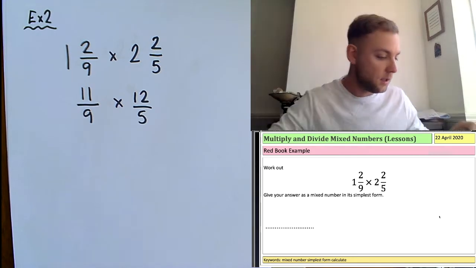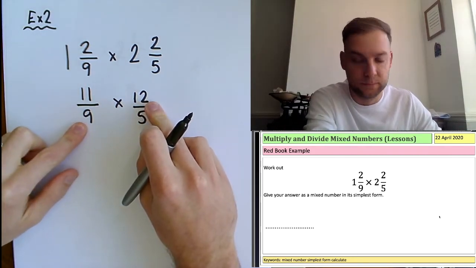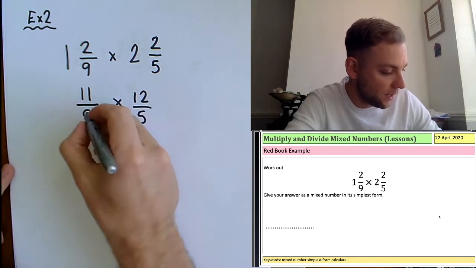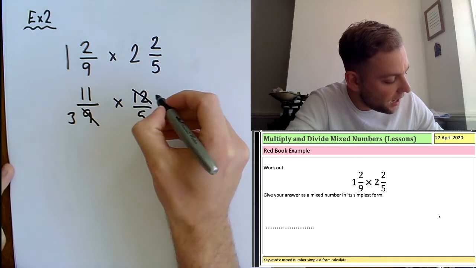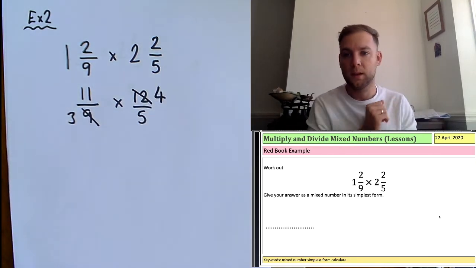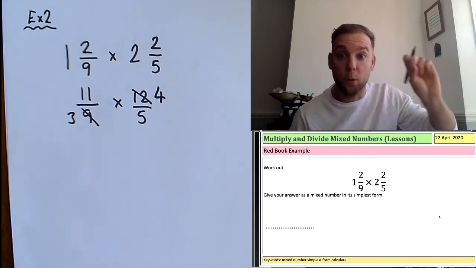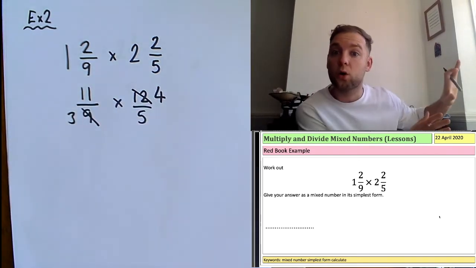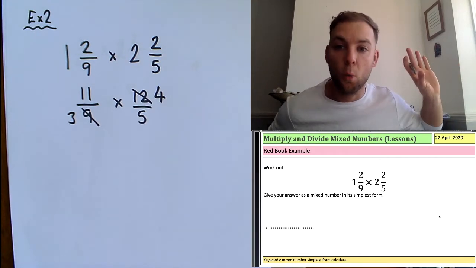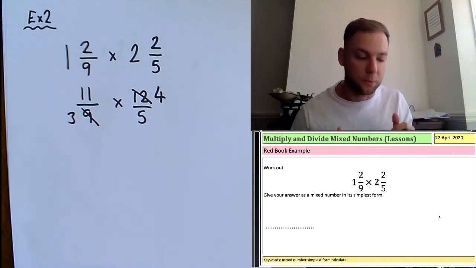However, there is something that goes into 9 and 12, and that number is 3. So I can divide this one by 3: 9 divided by 3 is 3, and 12 divided by 3 is 4. That just makes it easier in the long run, because you don't have to cancel down big numbers later on.